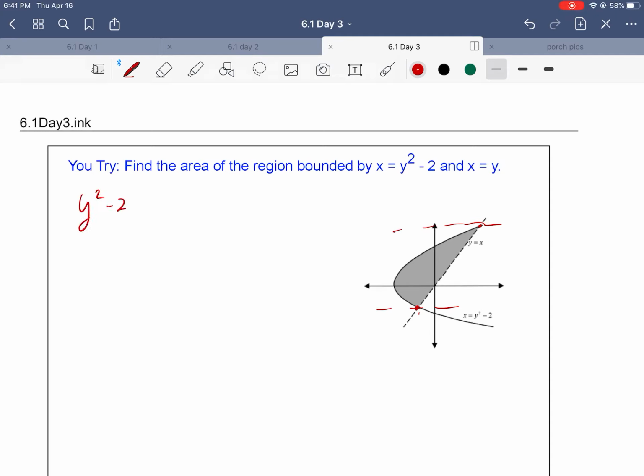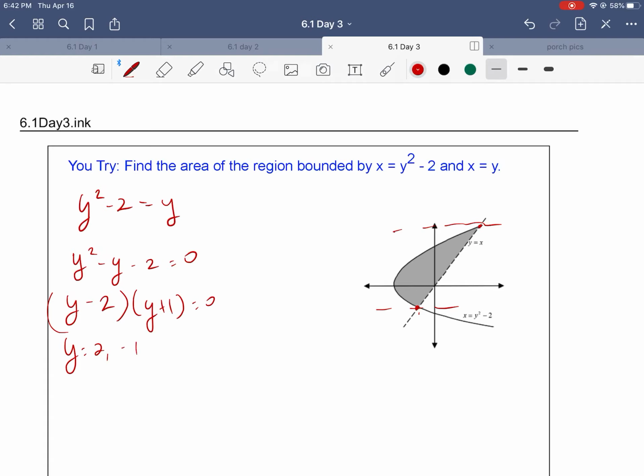Okay, so setting y squared minus 2 equal to y, treating it as a quadratic, right, setting it equal to 0, factor, so y equals 2 and -1, so that's -1 and that's 2. So we go from -1 until 2, line minus parabola, dy.